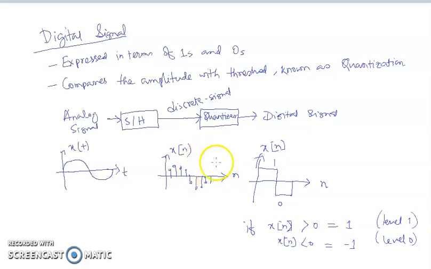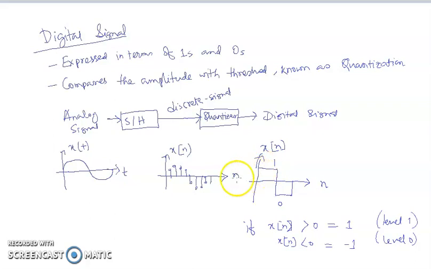After that, the signal is given to the quantizer, where a threshold is set to compare the amplitude of x(n). Suppose when the amplitude is positive, that is x(n) is greater than 0, then we label this magnitude as +1.